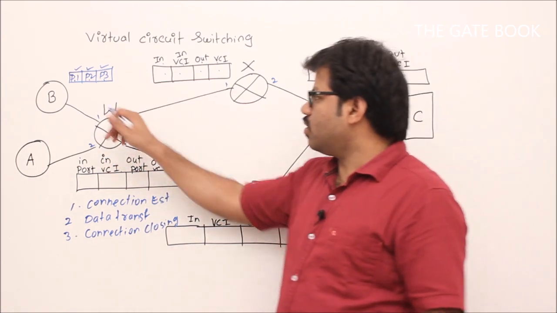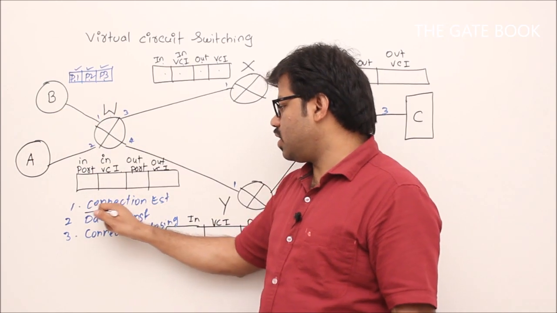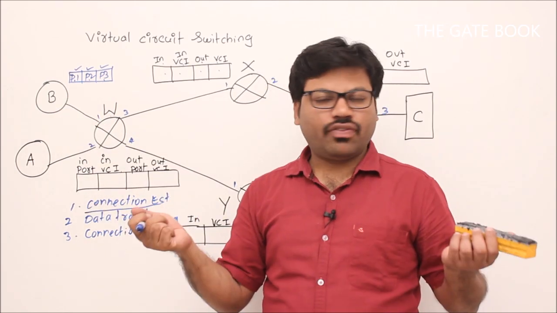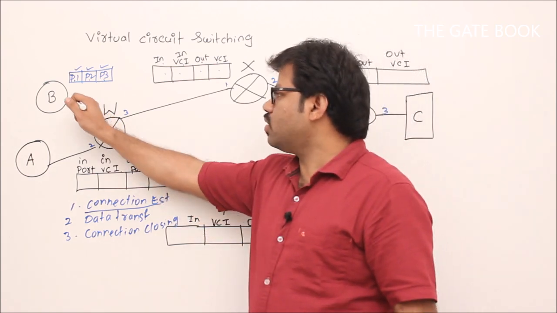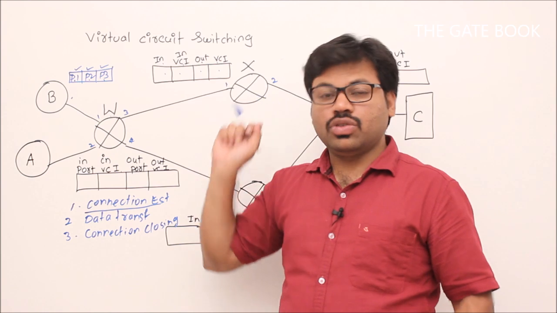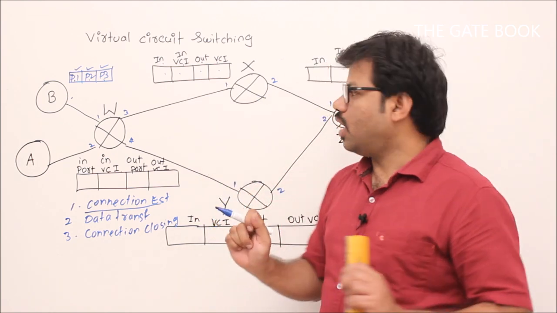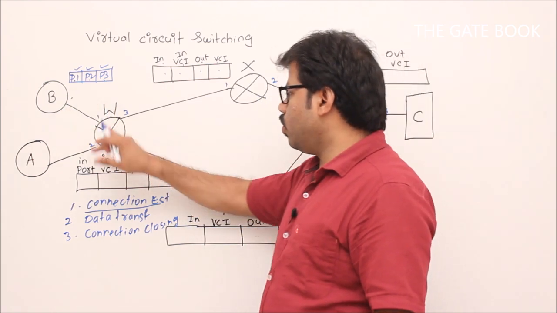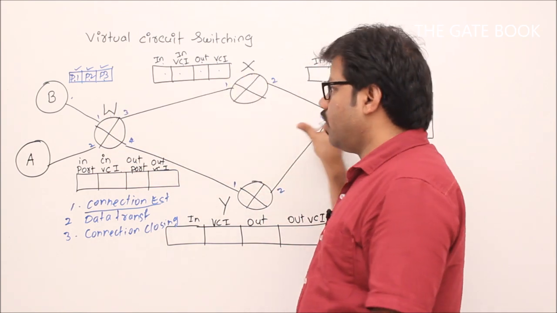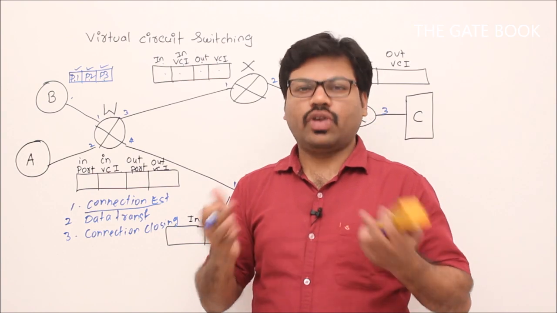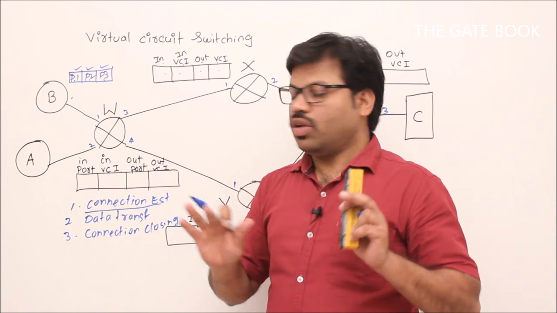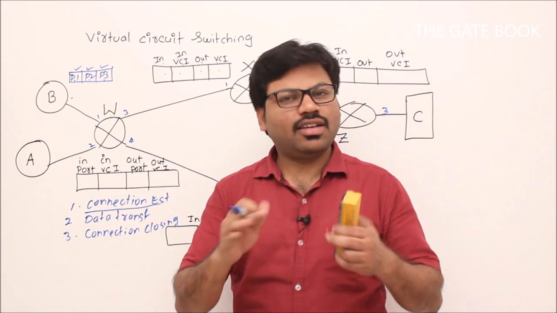In the connection establishment phase, we definitely use destination addresses, IP addresses only. So B is going to talk to D first using the packet switching model. Assume B is talking to W, W is talking to X in that way, but using destination addresses, not virtual circuit identification numbers. At this moment we don't have them. Communication takes place like packet switching.